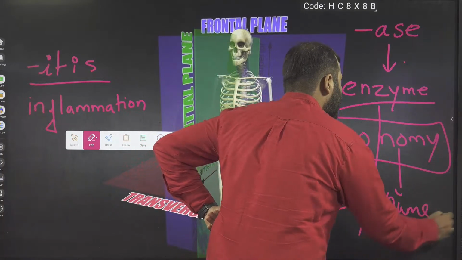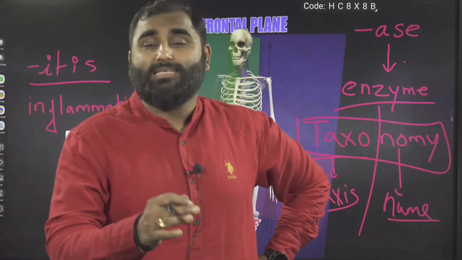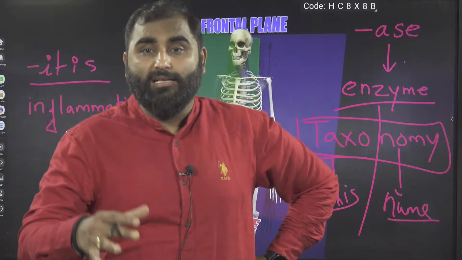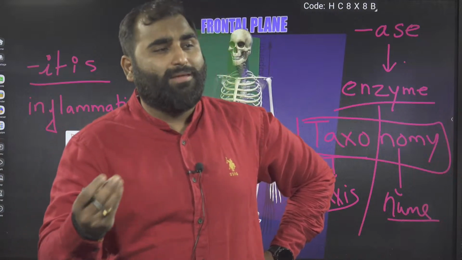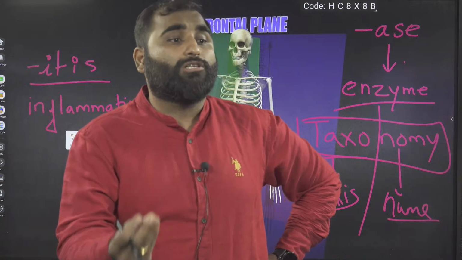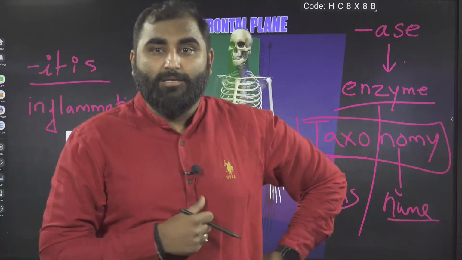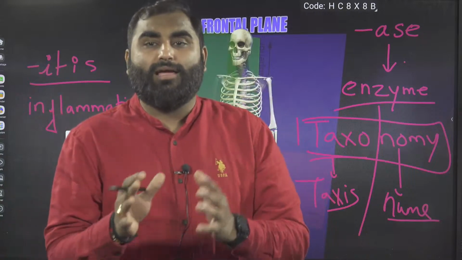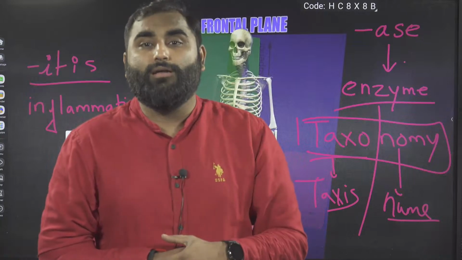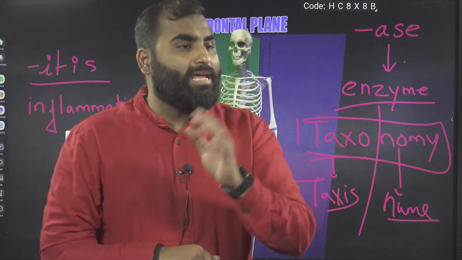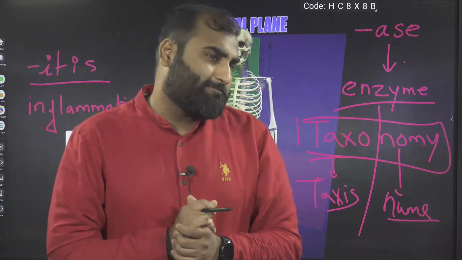So taxis means arrangement of organisms, either plants or animals, as per their similarities or dissimilarities, and also giving them their name. That is nomenclature. So taxonomy is basically classifying organisms based on similarity, dissimilarity, or arranging them in a proper order and giving them a name. So that is taxonomy. Am I clear, guys?